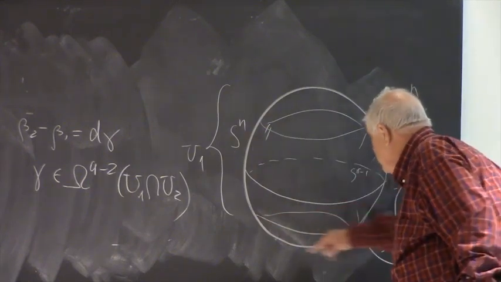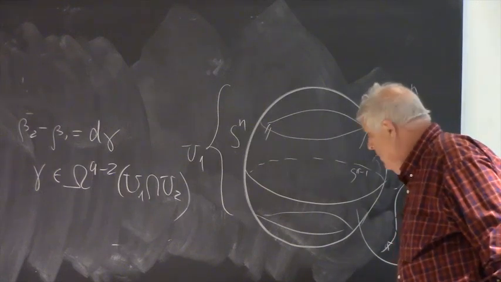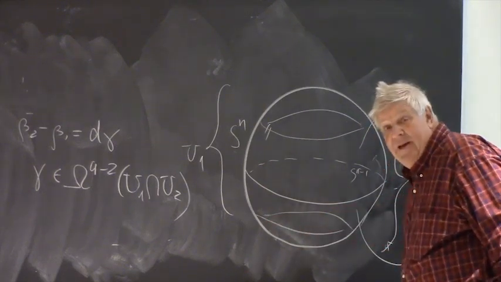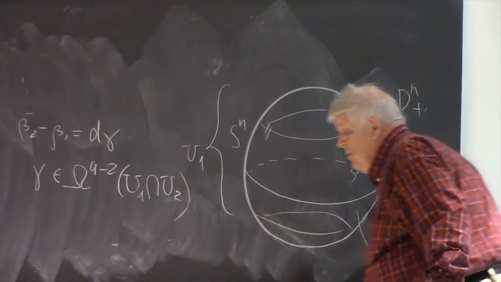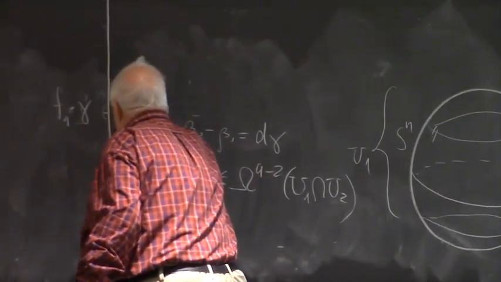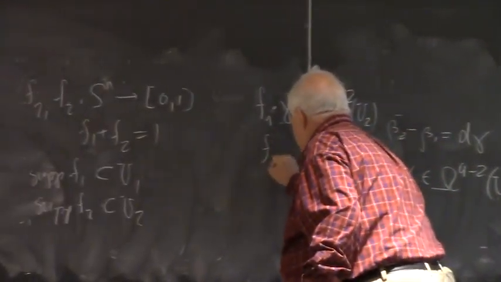And the whole set U2. Here, my form is f1 times gamma, and here my form is 0. And they agree on the boundary because of the support of f1. So this form is defined, and similarly for the other.